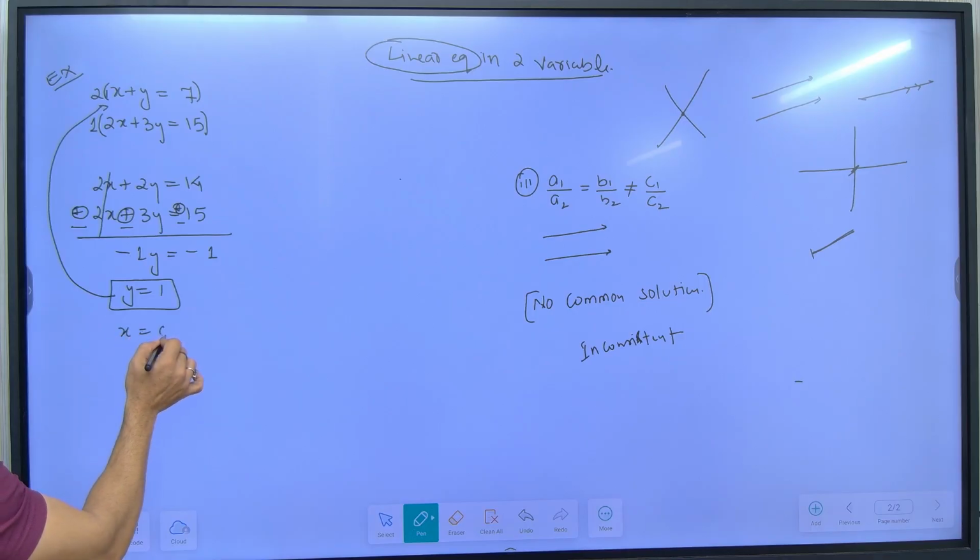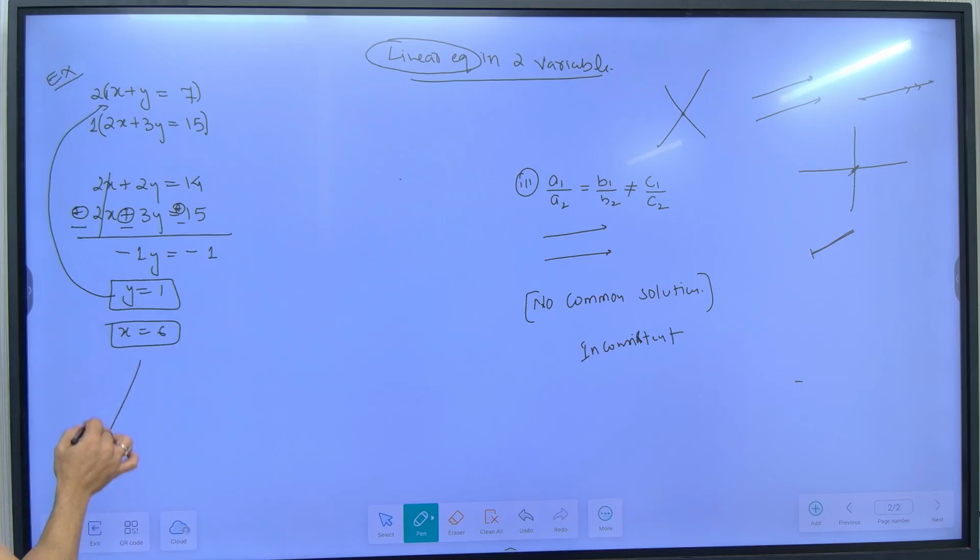X will be equal to what? 6. That means these two lines are intersecting somewhere where x coordinate is 6 and y coordinate is 1. Right? So, this is how you solve the equation.